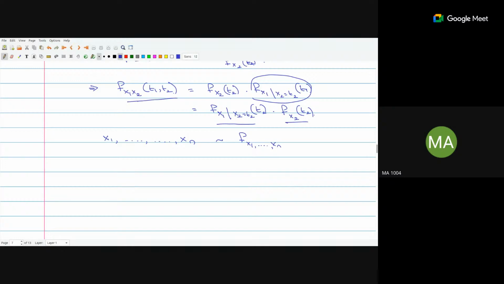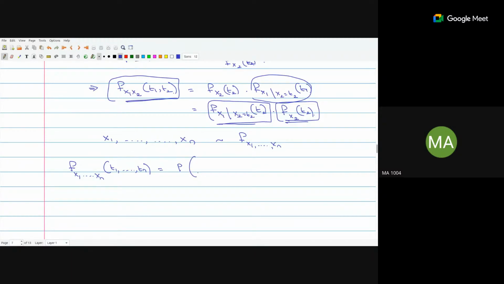How did I write the joint before as the product of the conditional and the marginal? There I had only 2 random variables; I conditioned on 1 random variable and looked at the distribution of the other random variable. So similarly, can I do the same here, for t1 to tn?